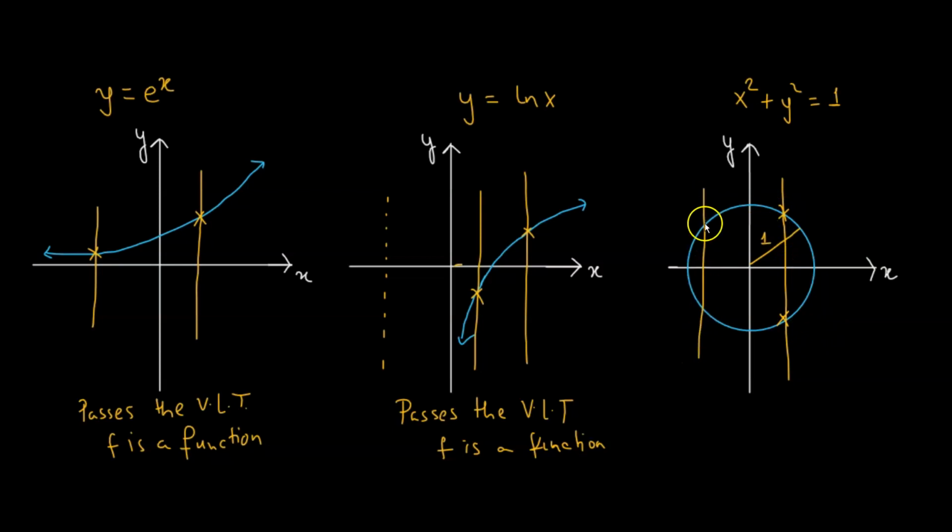Wherever we draw vertical lines, they're going to intersect the graph at 2 points. So this is not a function, it fails the vertical line test. So f is not a function.